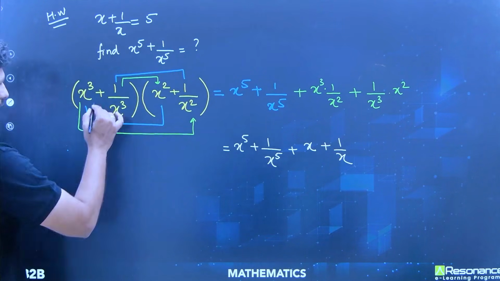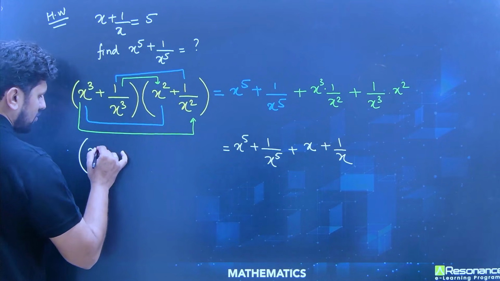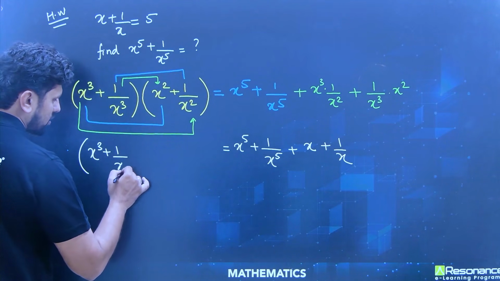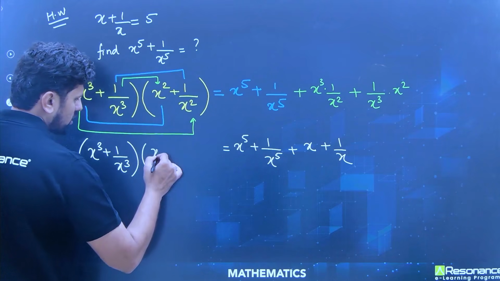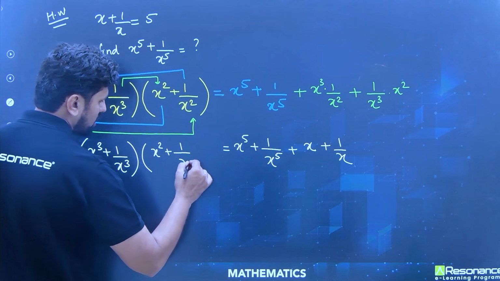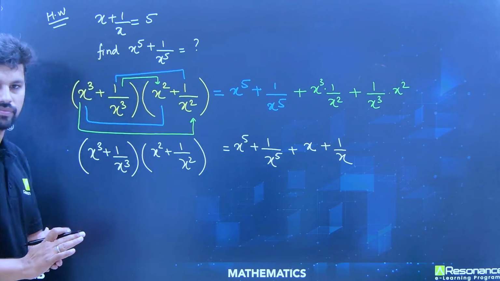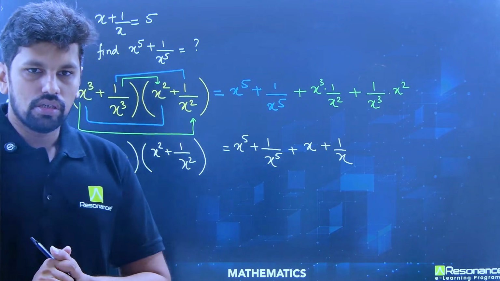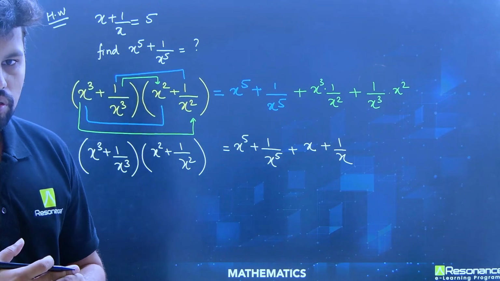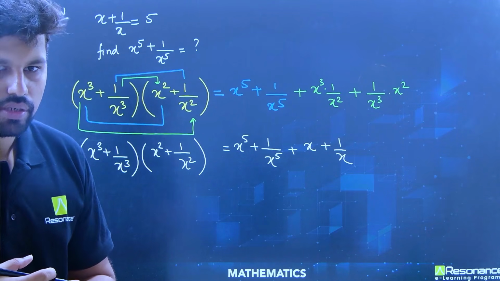On the LHS it will remain the same: x cube plus 1 by x cube into x square plus 1 by x square.